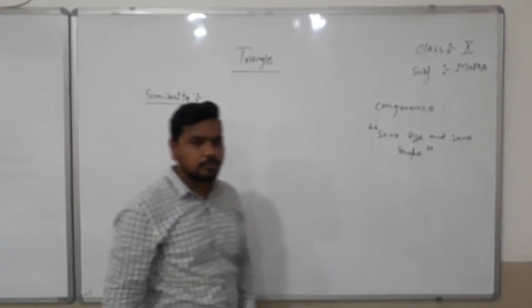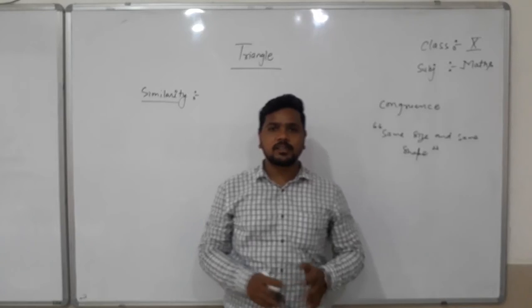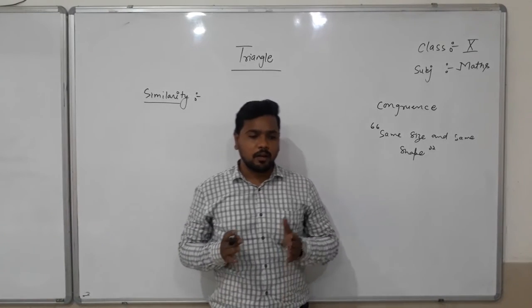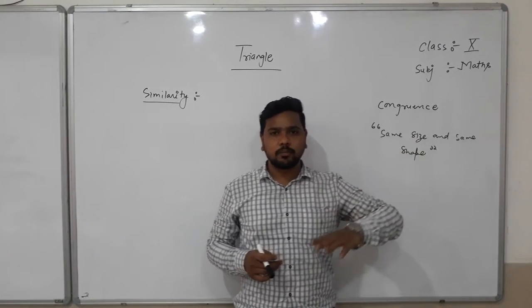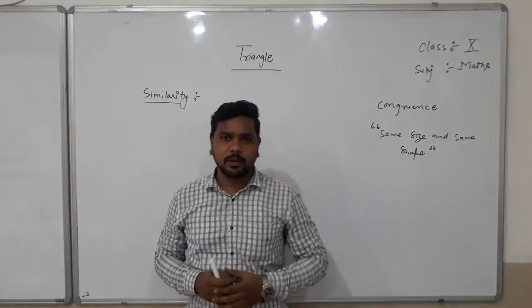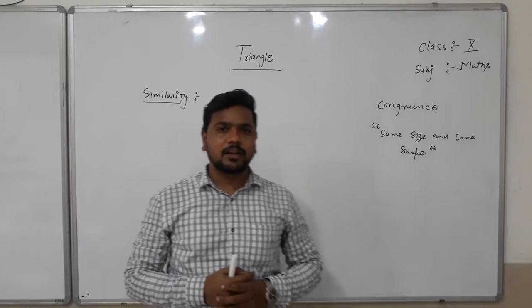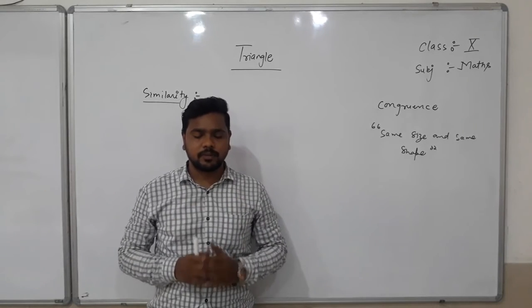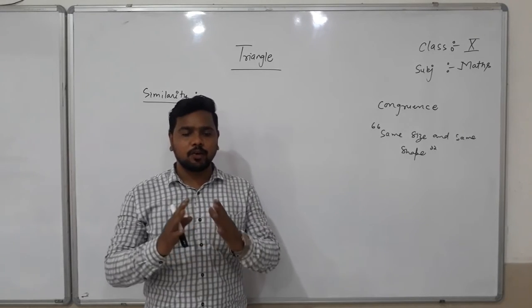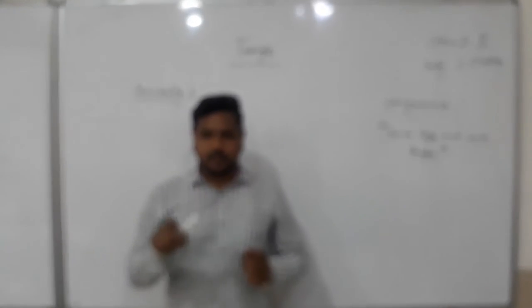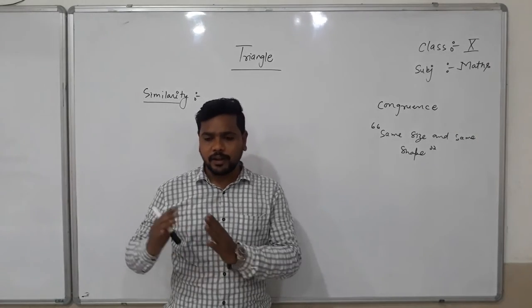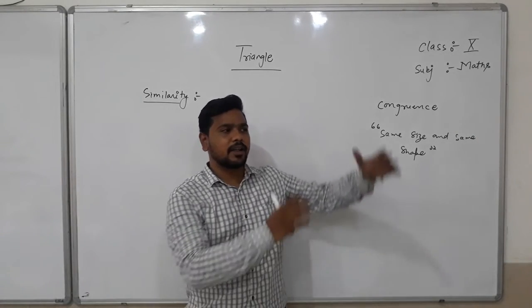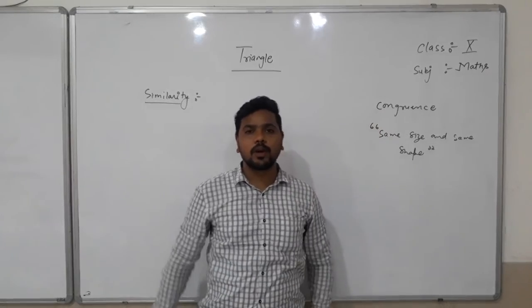What is similarity? Let's say you have a small equilateral triangle with sides 60, 60, 60, and you have a big equilateral triangle.